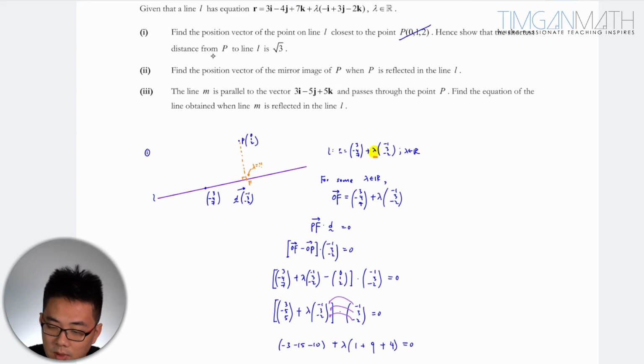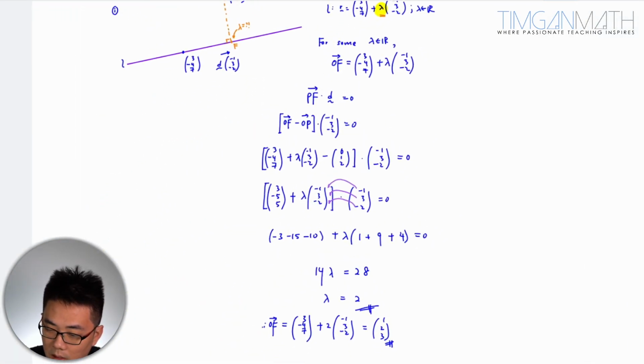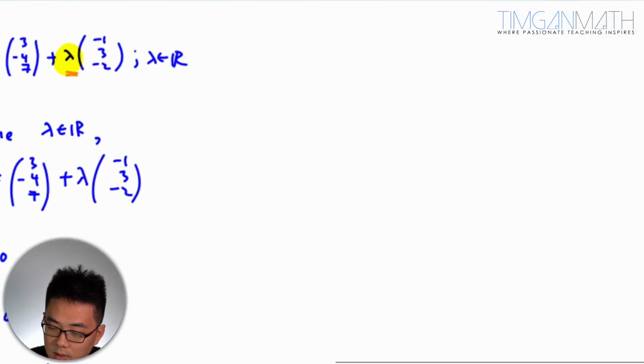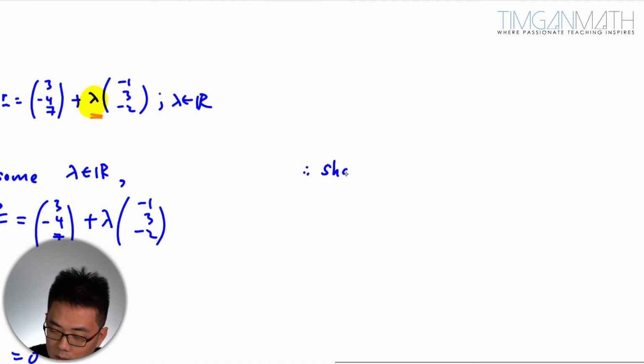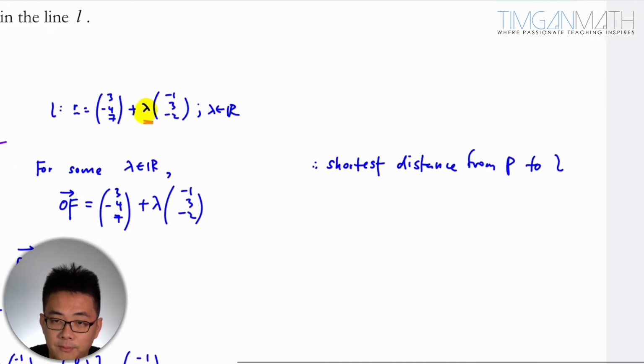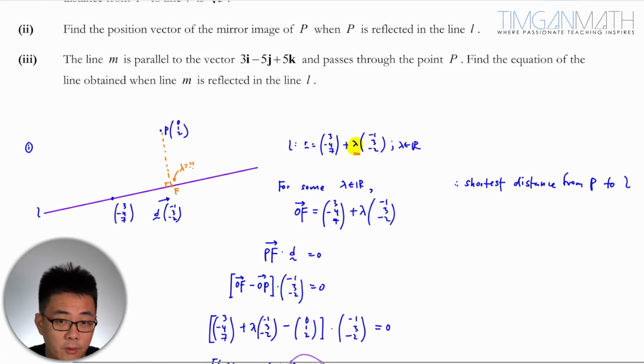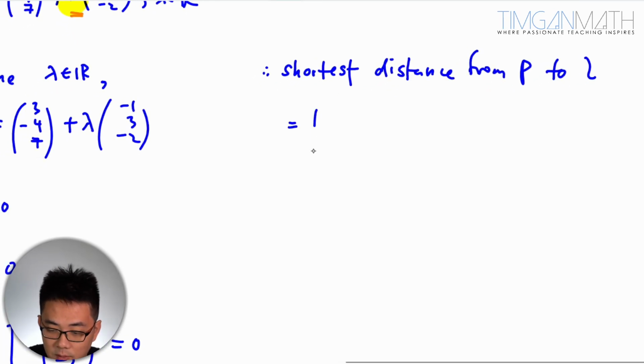Now that we have found F, the shortest distance of P to line L is root 3. The shortest distance from P to line L is just the distance PF, because that's the foot of the perpendicular, equal to the modulus of PF.